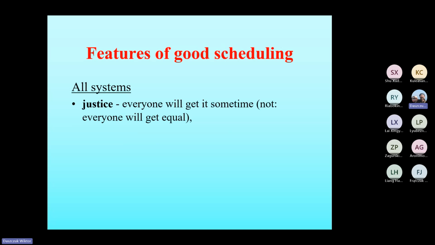Features of good scheduling. Justice. Every process will eventually get the resource. Of course, this requires the system to be schedulable.